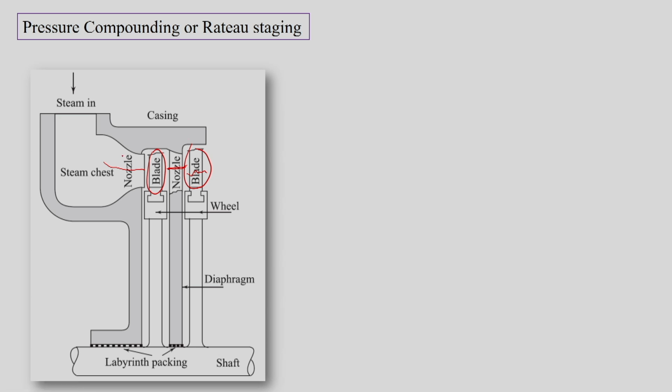So, we have multiple nozzle and blade combinations, or multiple stages, in the case of pressure or Rateau staging. We call it pressure compounding since the complete enthalpy drop or pressure drop does not take place in one nozzle, but we have multiple nozzles in the stack.